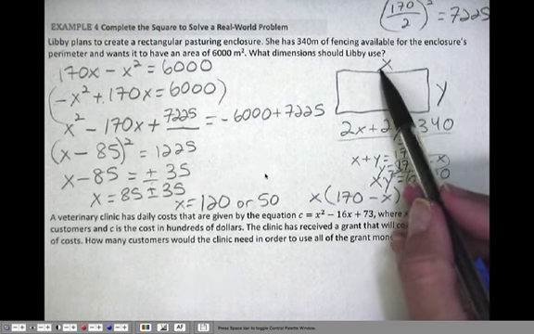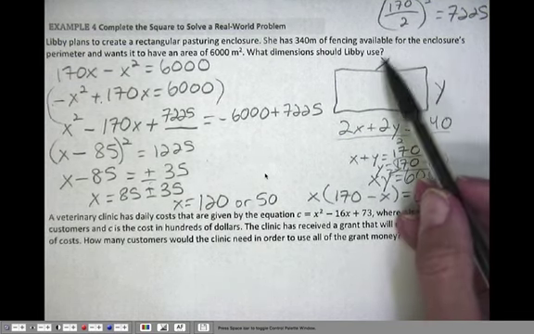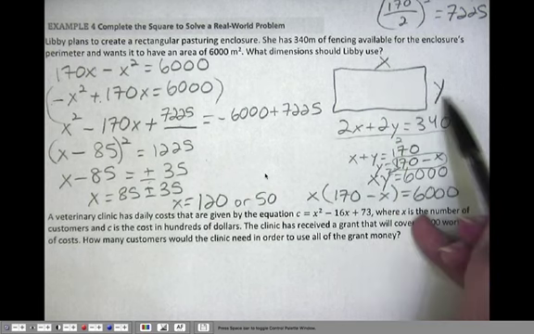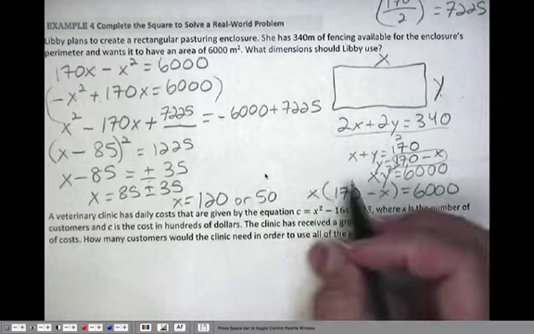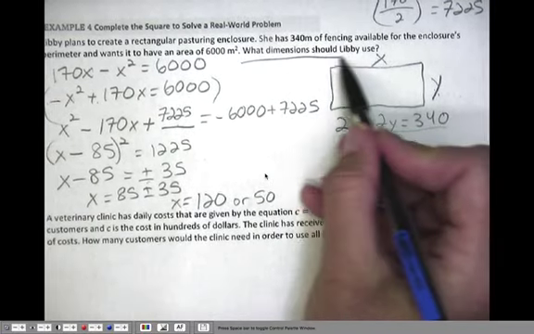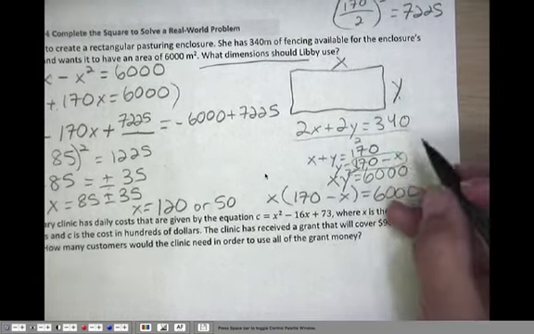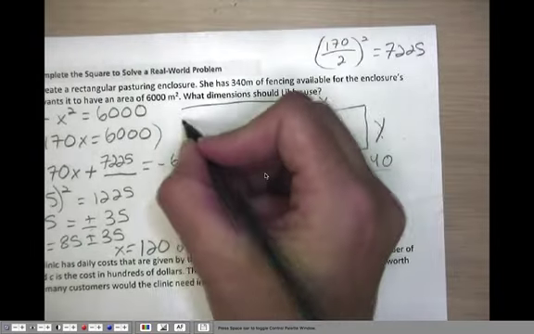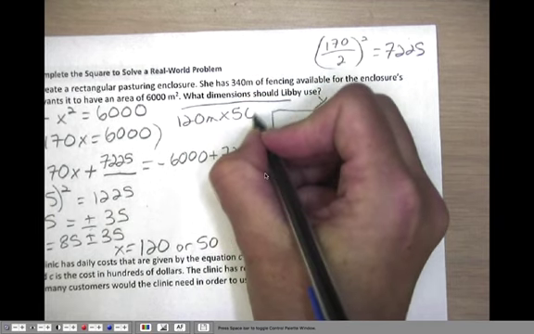Well, if this is 120, then this is going to be 50. And if I chose this to be 50, then this would end up being the 120. So the bottom line is that since the problem was asking me what the dimensions are, it's 120 meters by 50 meters.